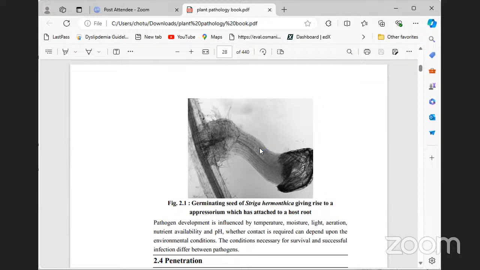Whether contact is required can depend upon the environmental conditions. The conditions necessary for survival and successful infection differ between pathogens.